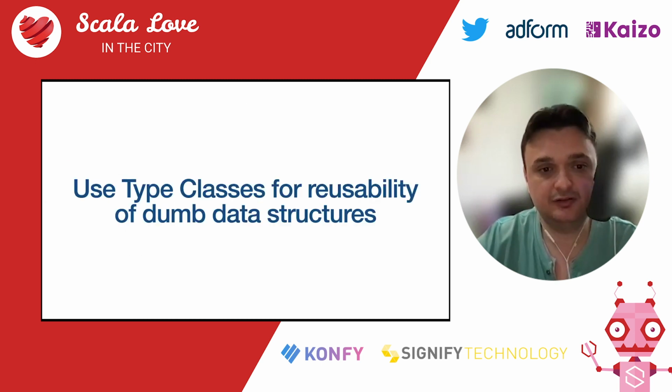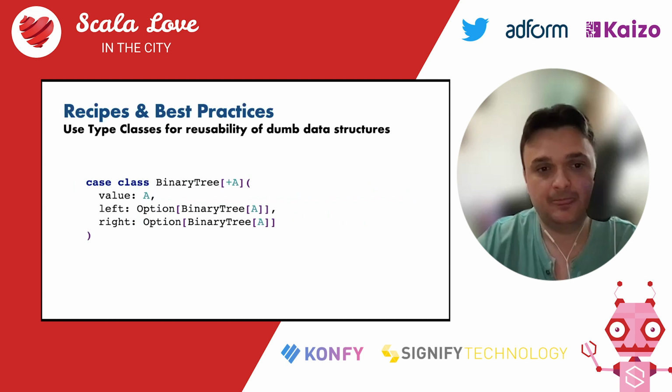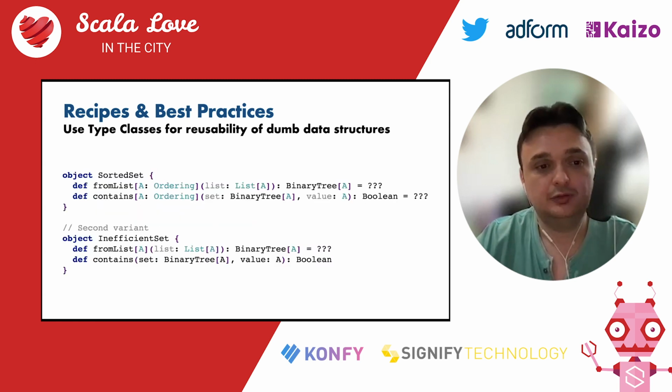Use type classes for usability of dumb data structures. This is a trait that Haskell developers love to brag about. Here we have an example of a binary tree that's not necessarily a binary search tree. It's an awful example, by the way. And we can define functions that pretend that the binary tree is a binary search tree. So we can say it's a sorted set.